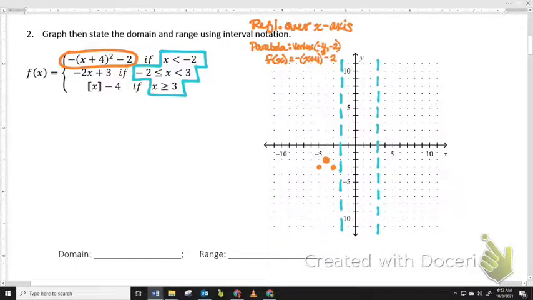So to the left and to the right, I'm going 1, 2, and then down 1, 2, 3, 4, and put my point right here. And I know that parabolas are symmetric, so I'm going to have a corresponding point over here, and I just need to know, is it filled in or open? Are we filled in or open where we hit the fence there? Open, because we do not have the or equal to there.